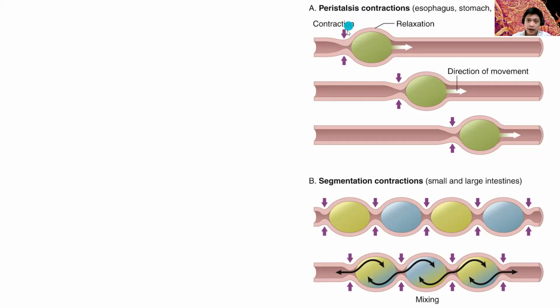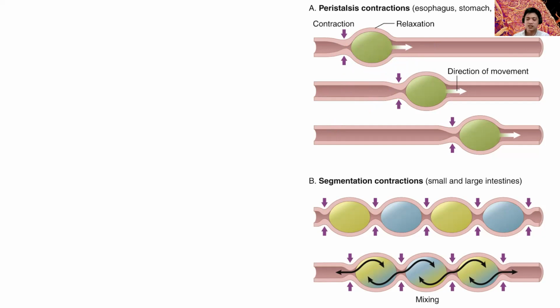So this will contract, and progressively the contraction or the contractile ring will move proximal to distal. It started here, pushed the food, and now it is here. At the start, this was the relaxed portion, and later on, it is the one that contracts. So it will progressively push the food away from the mouth and towards the direction of the anus.